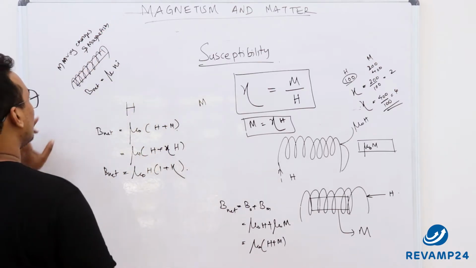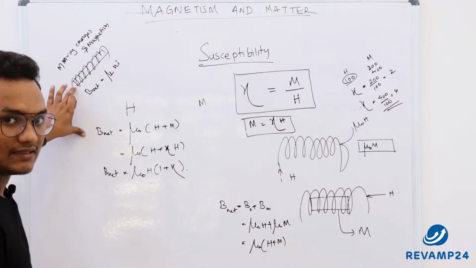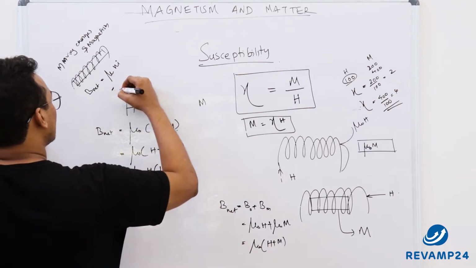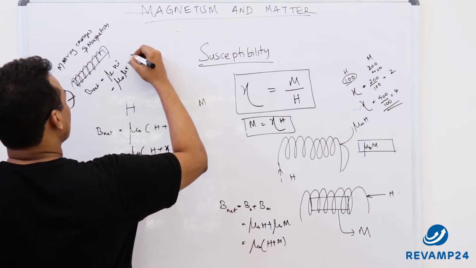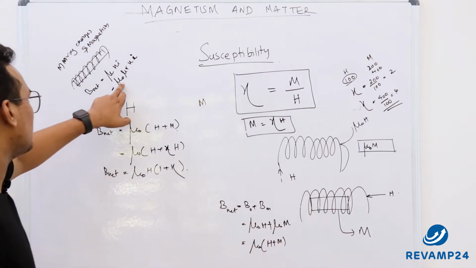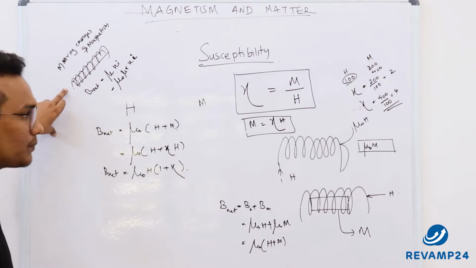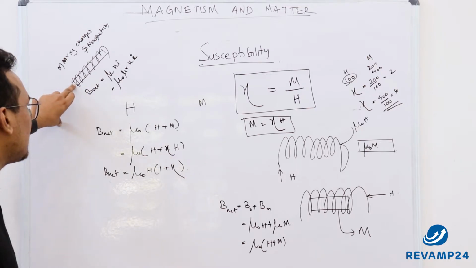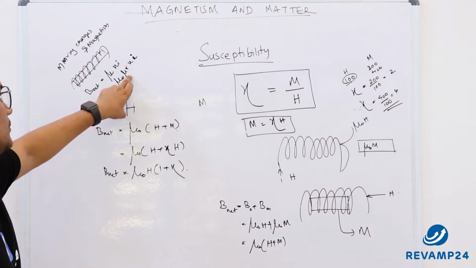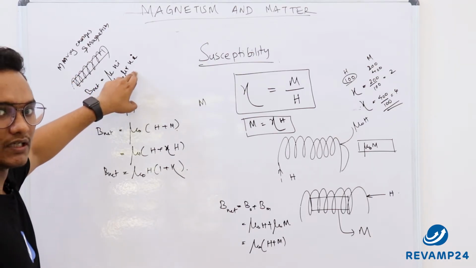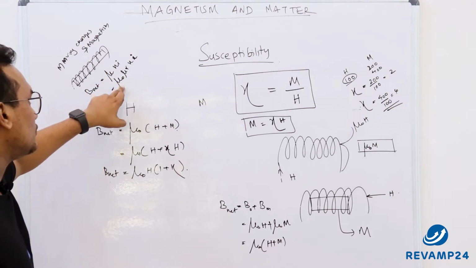Mu into Ni will be the total magnetic field inside the solenoid, where mu is equal to mu0 into mu r. mu0 is nothing but the permeability of free space, and when you are keeping a material inside, we are keeping a material having a relative permeability of mu r. So the total permeability will be mu, and the value is mu0 into mu r.